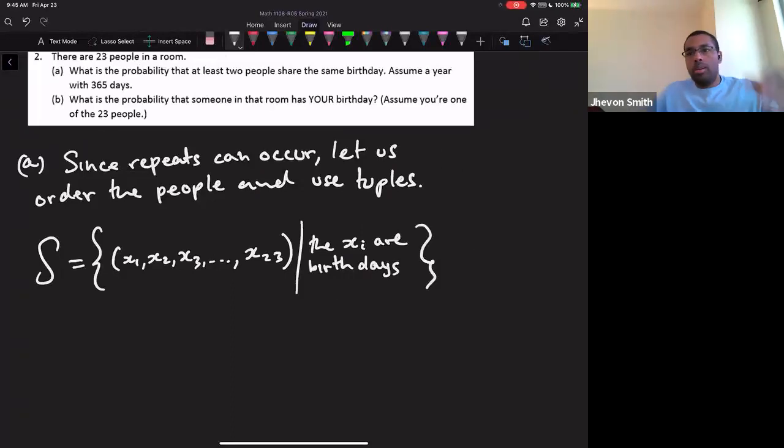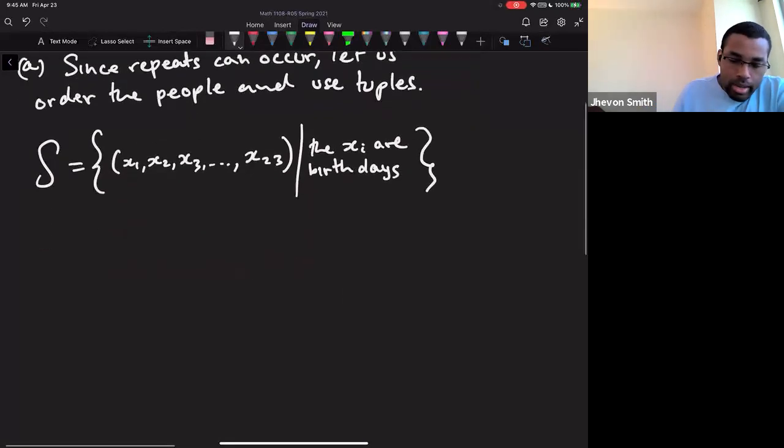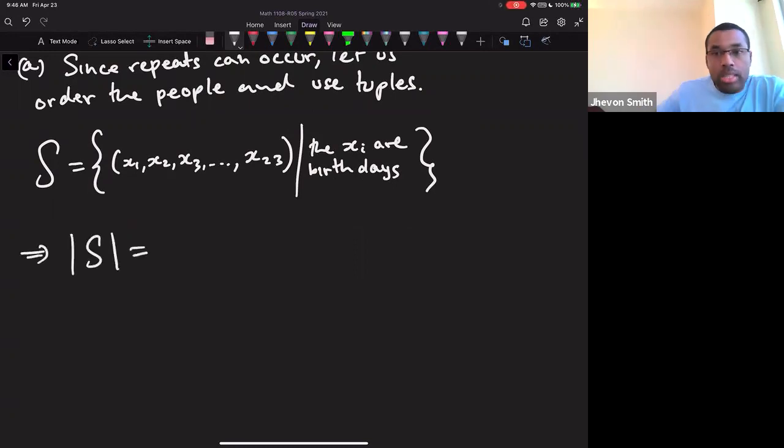Right? So I just pretend that I put all these people in order, put them all in a tuple, and then I just line up the 23 birthdays that they have. And of course, I want to know the probability that two people will share the same birthday. By the way, we actually know the size of S by a counting principle.